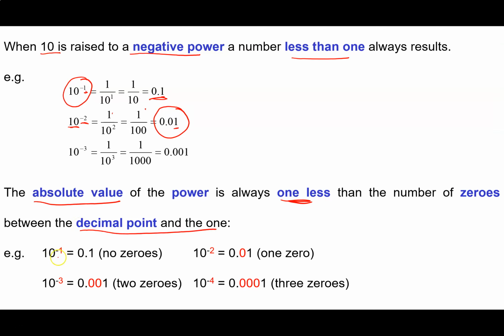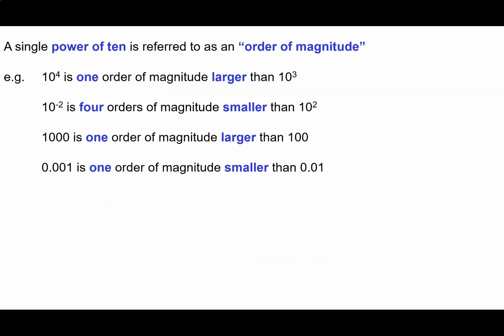So in our 10 to the minus 1 example, we had 0 zeros between the decimal point and the 1. In our 10 to the minus 2 example, we had only 1 zero between the decimal point and the 1. In 10 to the minus 3, we have 2 zeros, then the 1. And in 10 to the minus 4, we have 3 zeros and then the 1. So it's kind of easy to check whether you've got your negative power of 10 correct.